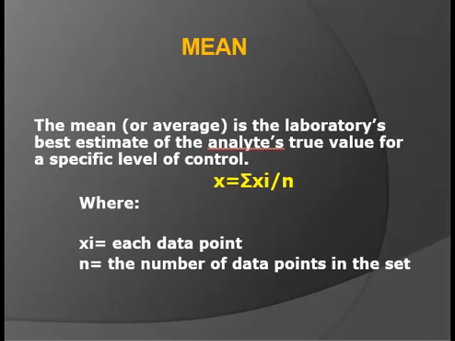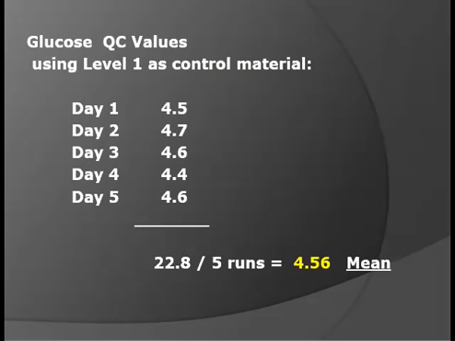You're just going to add the data values and then divide the sum by the number of data values and you will now get the average or the mean. Just like in this example, if you have 5 control data values, you're just going to add these 5 numbers and then divide it by the number of values and you will now get the average. So that's for the mean.